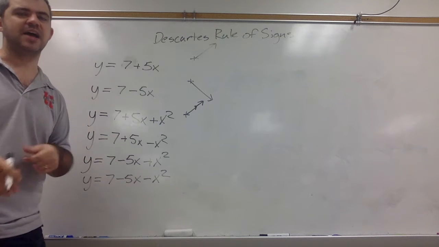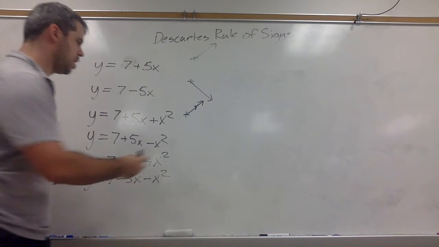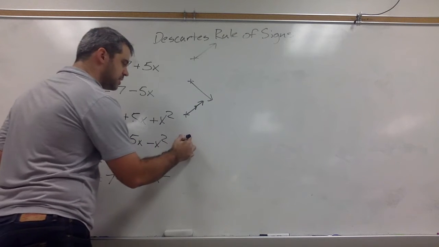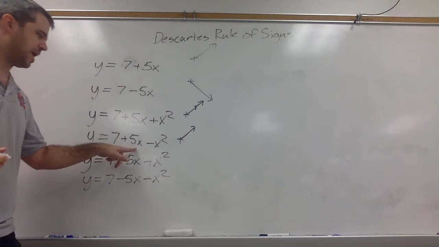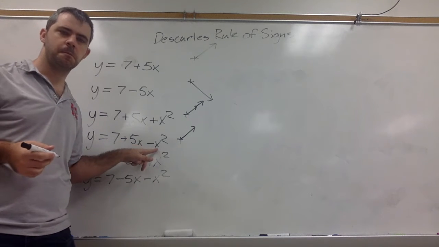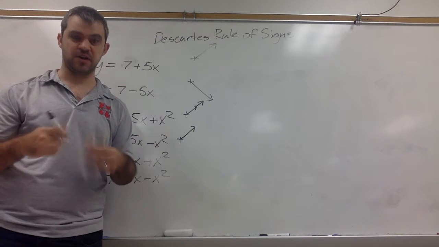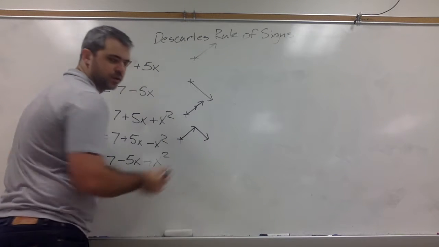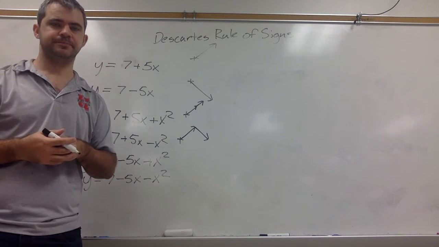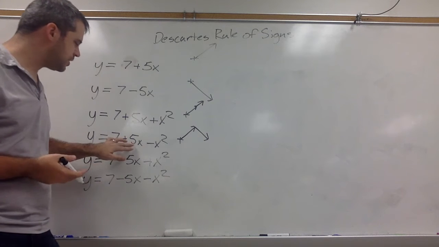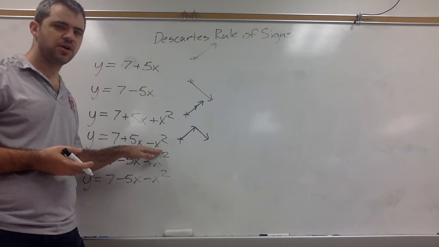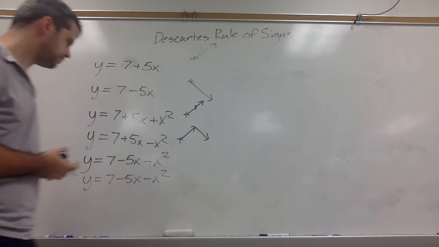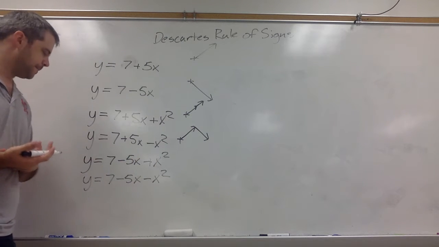It never goes down at all. But let's look at this guy. This is where things get more interesting. So this guy starts positive. The 5x starts taking it a little more positive, and then our x squared takes over, and our x squared is negative. So what's going to happen to our polynomial is it's going to change direction. Okay, so the switch from positive to negative forced us to change directions. Now let's look here.